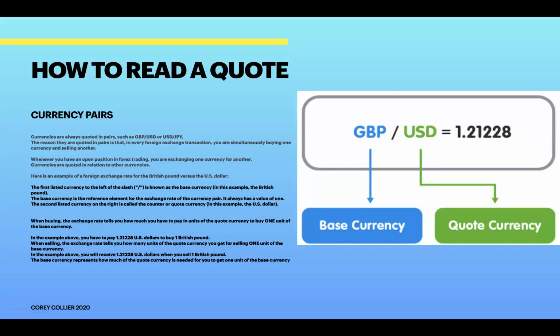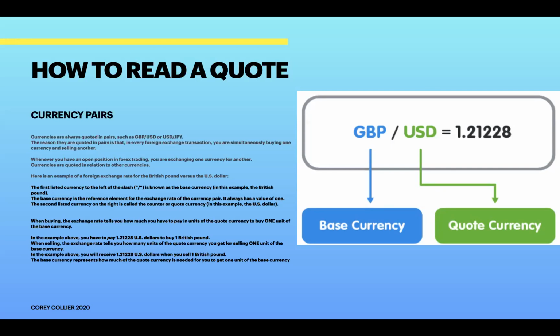Currency pairs are always quoted in pairs, such as GBP/USD, USD/JPY. The reason why they're quoted in pairs is that in every foreign exchange transaction, you are simultaneously buying one currency and selling another. Whenever you have an open position in Forex trading, you are exchanging one currency for another, all right? Currencies are quoted in relation to other currencies. That's why you have a base currency and a quote currency, all right?